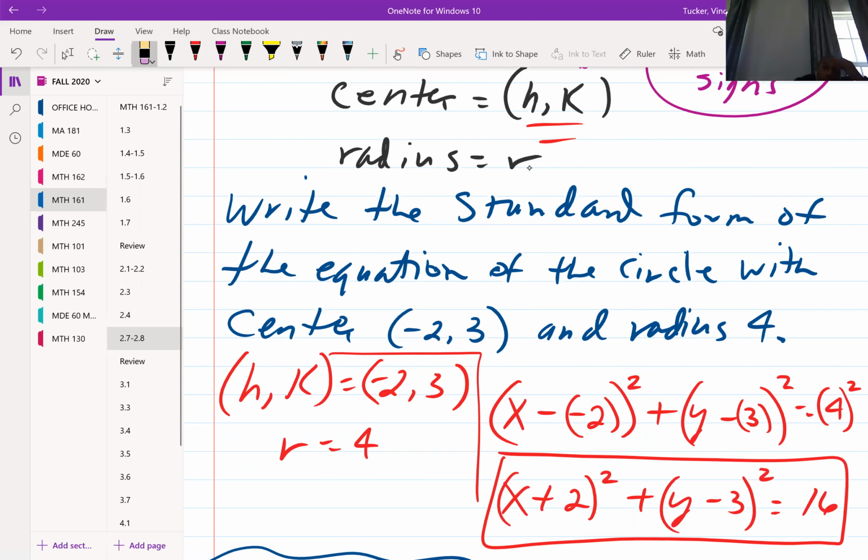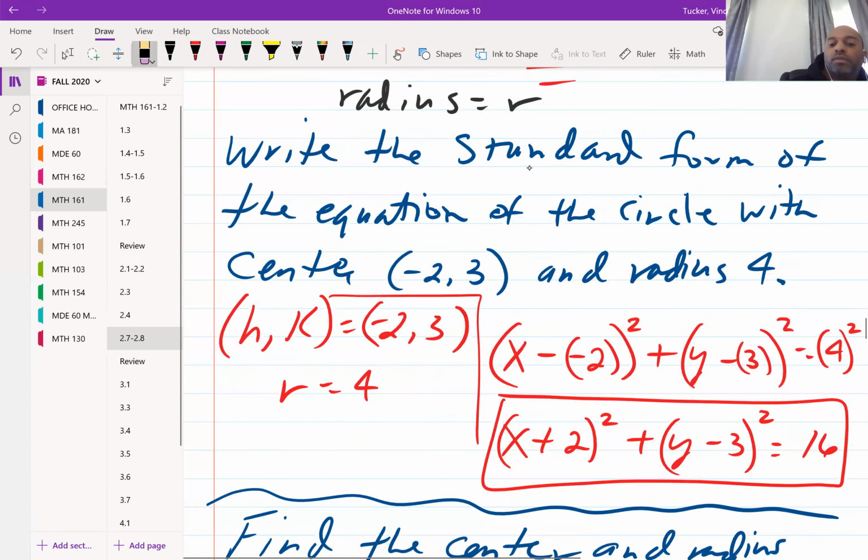And that is all that they are asking of you from this problem. Any questions?